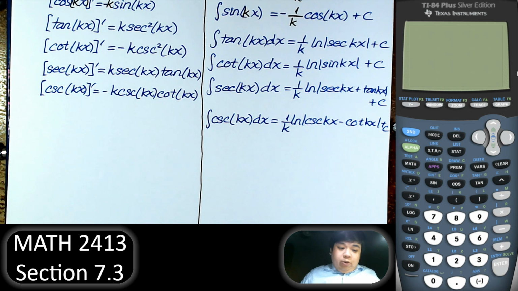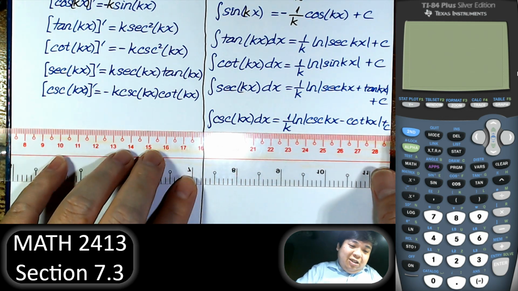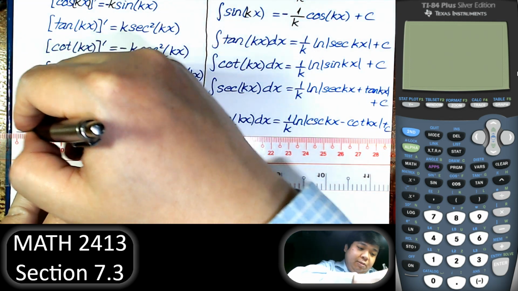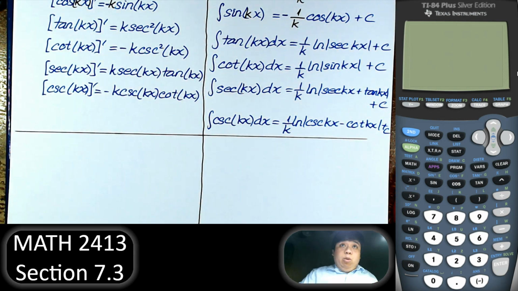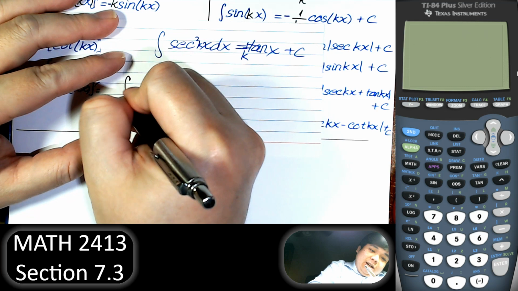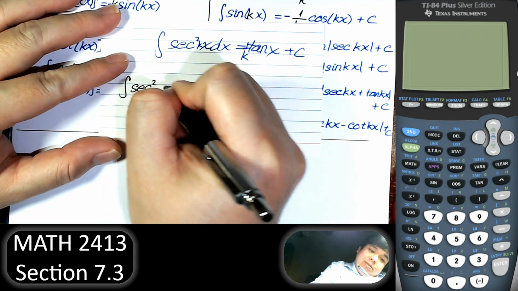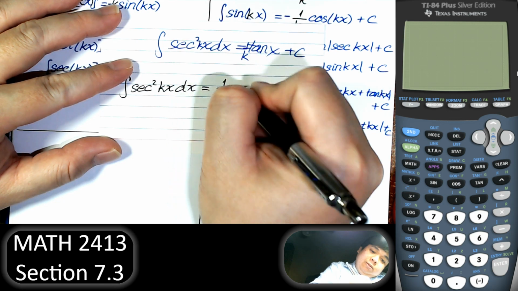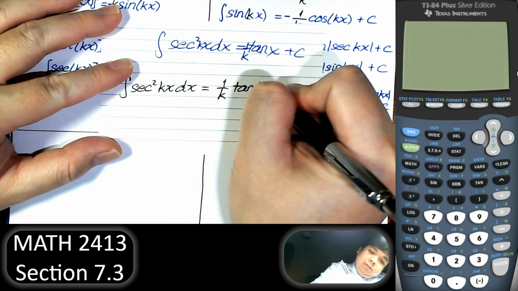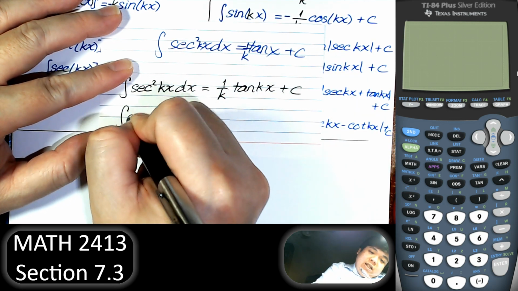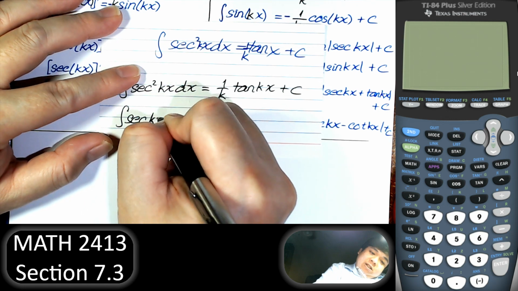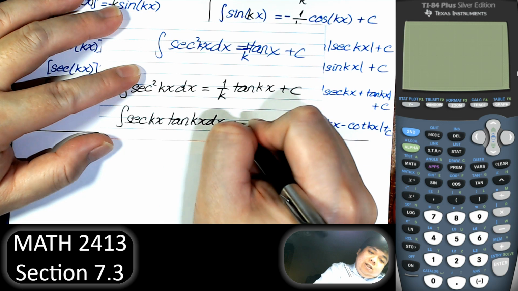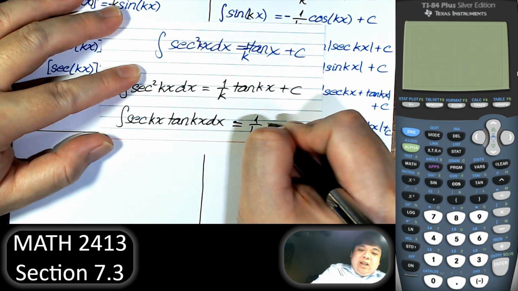Now the exponential function. Remember, we still have this. And then secant tangent is 1 over k secant.